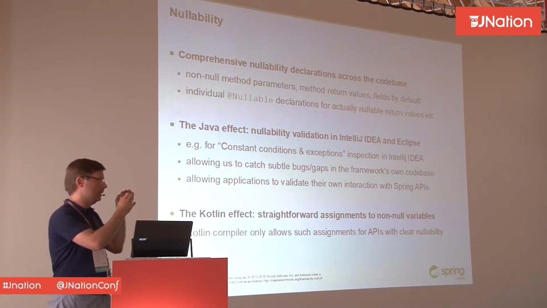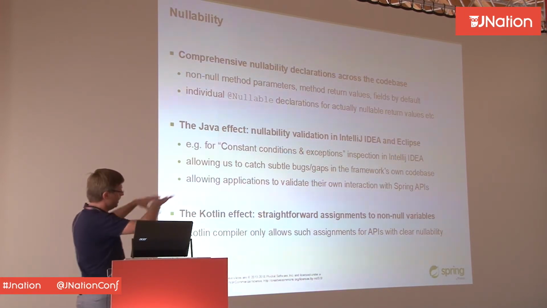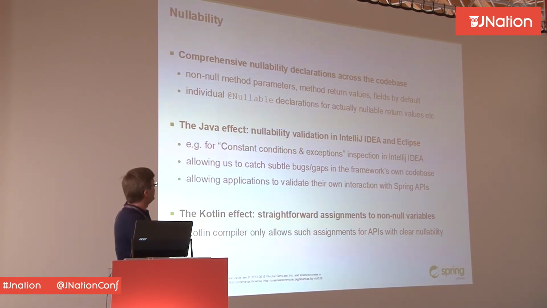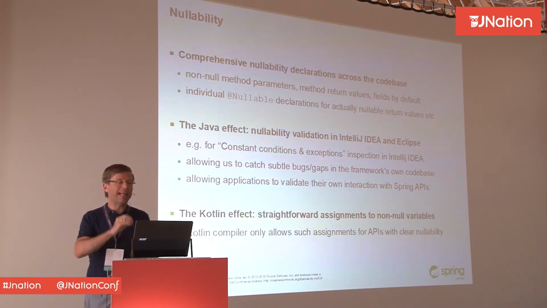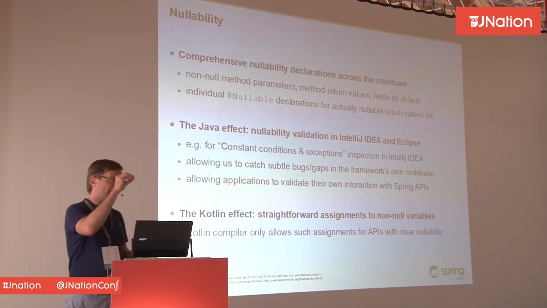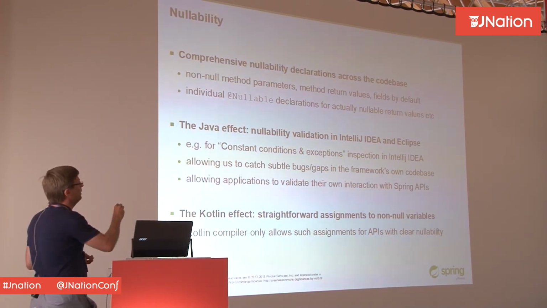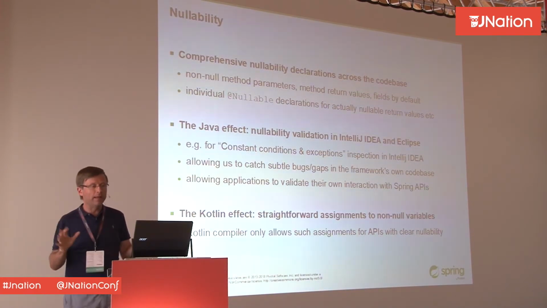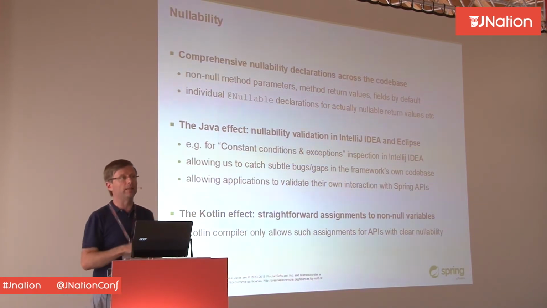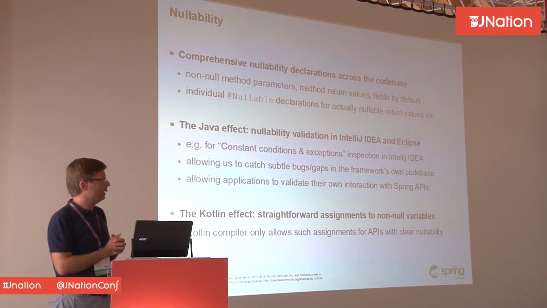So the entire Spring Framework code base and many of the projects around it are all coming with explicit non-null API by default conventions now, and add nullable declarations for any parameter, any return type that deviates from that norm, right? So it's non-null by default, and nullable in an explicitly annotated form.